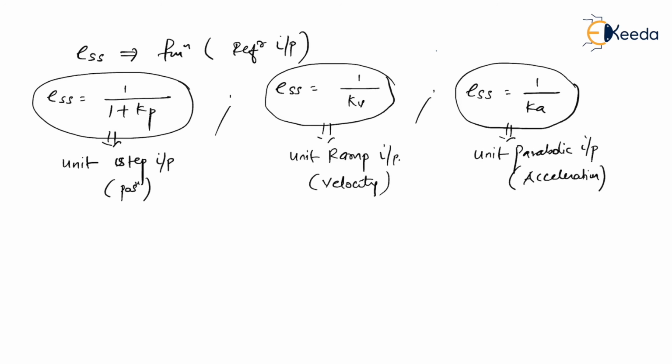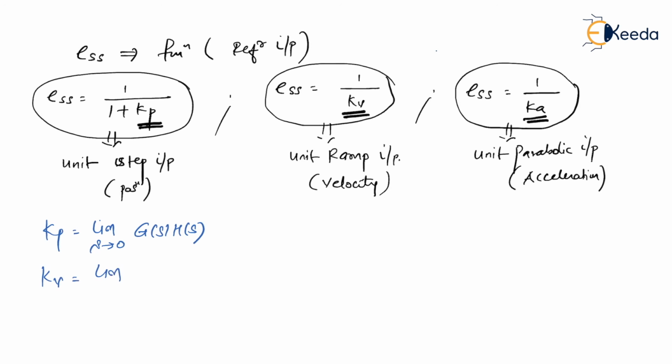So Kp is nothing but a positional error coefficient, Kv stands for velocity error coefficient, and Ka is known as an acceleration error coefficient. So the formula for Kp is simply limit s tending to 0, g of s into h of s.